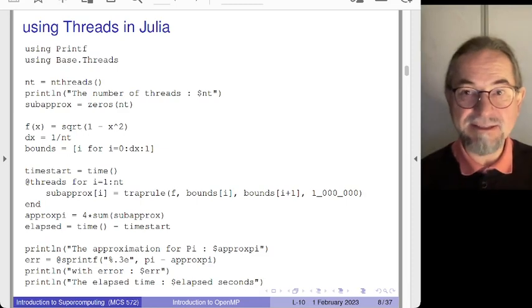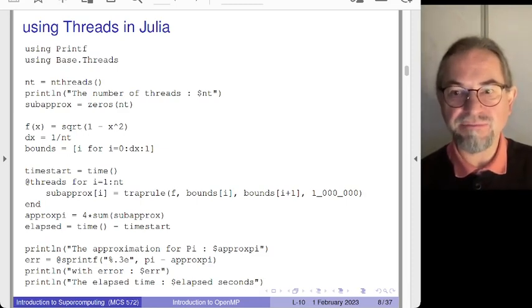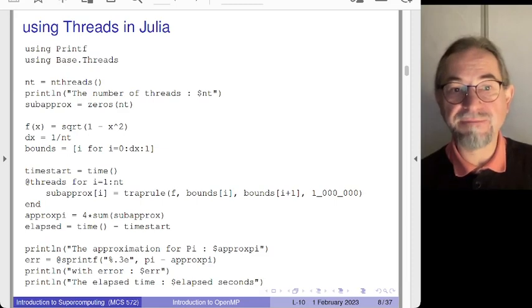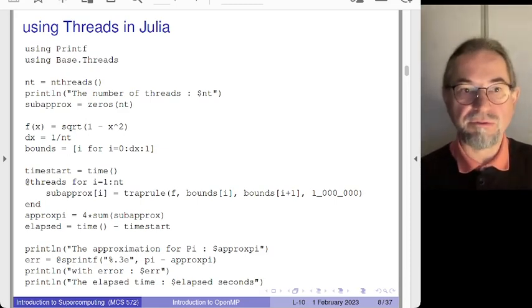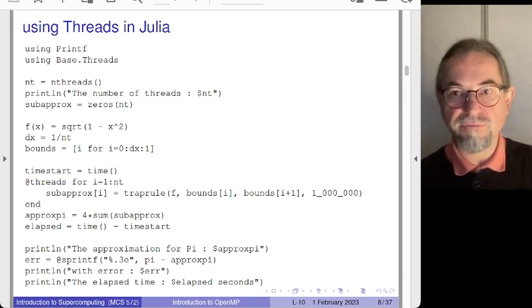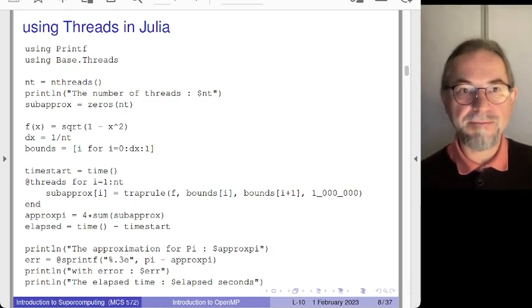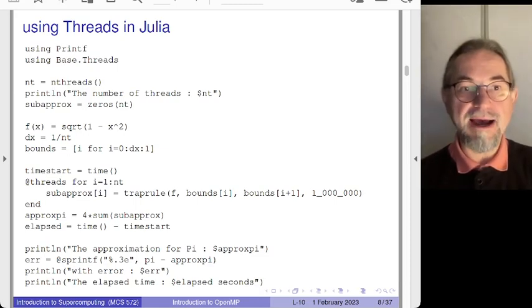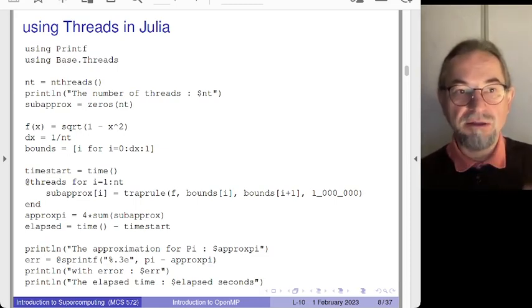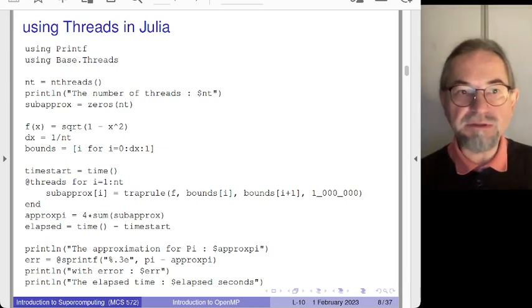The dx is the spacing of the subintervals. Every thread writes in the array sub-approx. There is a shared memory sub-approx, which is initialized all to 0. The zeros function here acts as a memory allocation. The main thread in this process will allocate the space where every thread will write.